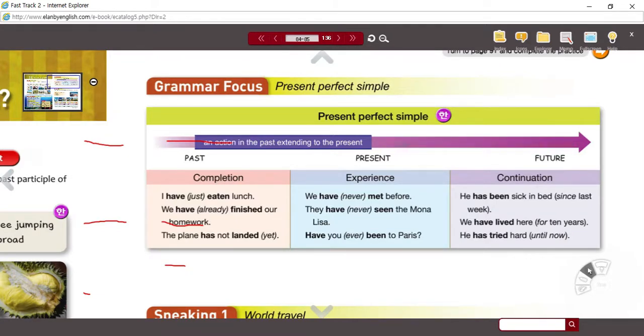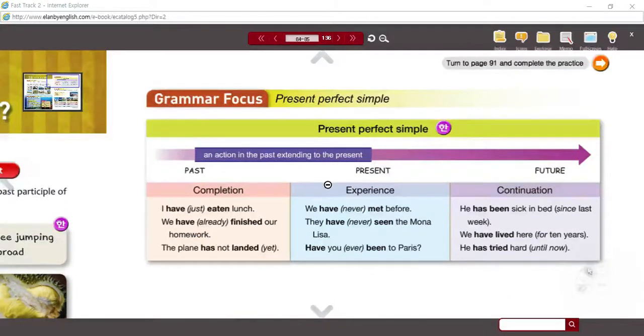And in the grammar focus, the grammar explanation here gives a clearer explanation. Mostly we're looking at experience when we use the present perfect. So again, I've never seen the Mona Lisa.